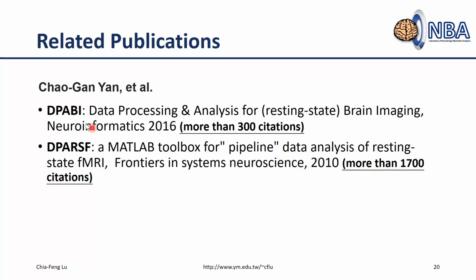Even the updated, evolving toolbox called DPABI that we're going to use today, published in 2016, has been cited more than 300 times. So I think this toolbox has helped lots of people perform image preprocessing and resting-state analysis.